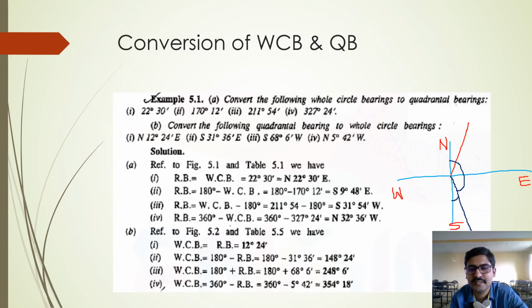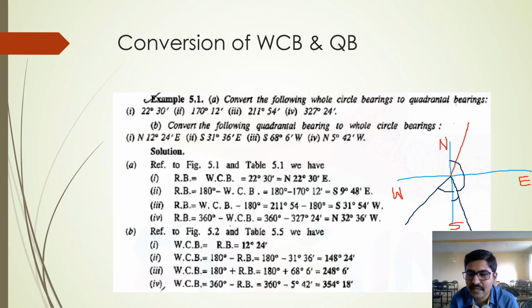This is how the quadrantal bearing is written. In a similar way, the third one, 211 degrees 54 minutes, will be somewhere here, right? It lies in the southwest quadrant, so it is nearer to south once again. You need to subtract 180 because only this angle is required.